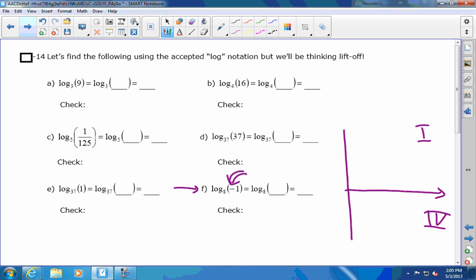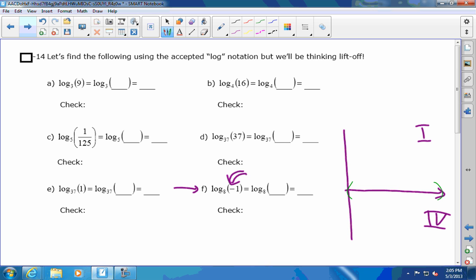Here's e to the x or 2 to the x, right? All positive values. If you're in this quadrant, what's true about your x values? All positive, right? Well, they could be 0, but we're not including 0. So the only thing that can go into a log function is a positive number. Just like the only thing that can come out of an exponential function is a positive number.